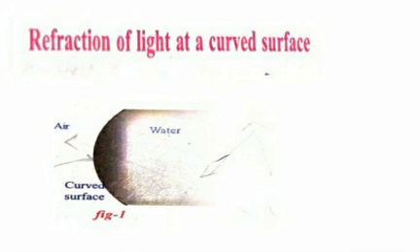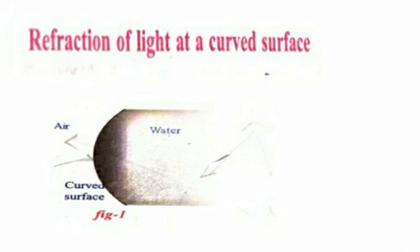In this picture we can observe one curved surface. That curved surface is separating the two media, air and water. On the left side of this curved surface air is there, on the right side water is there.